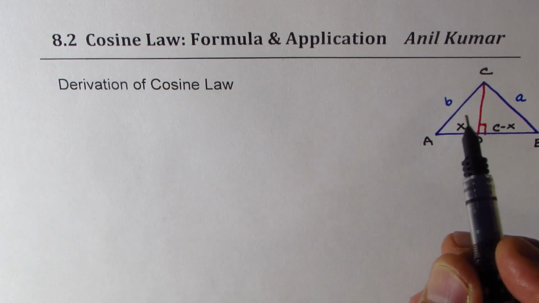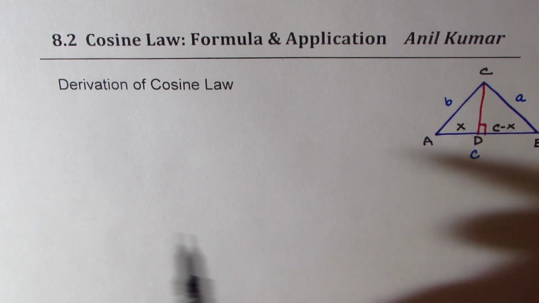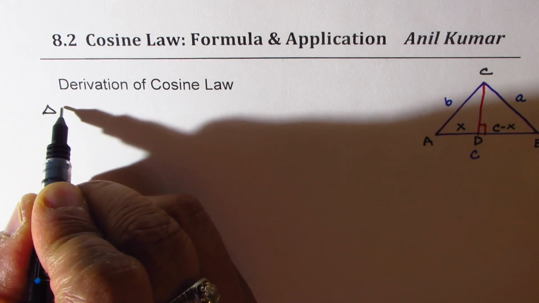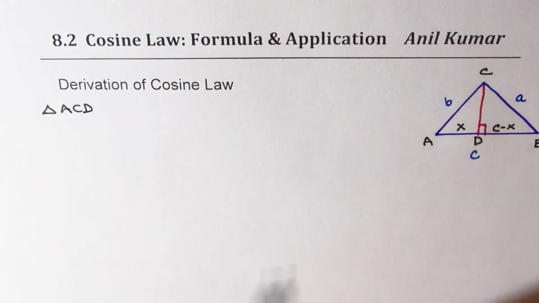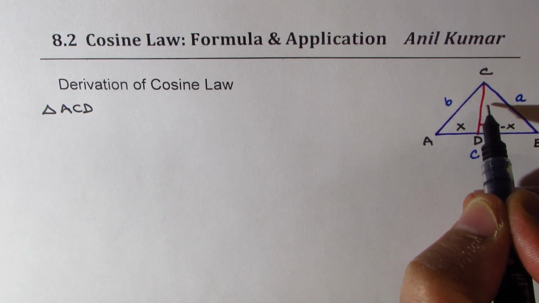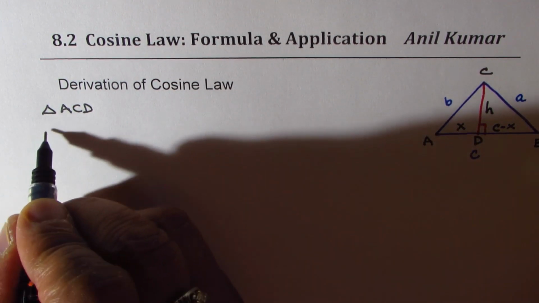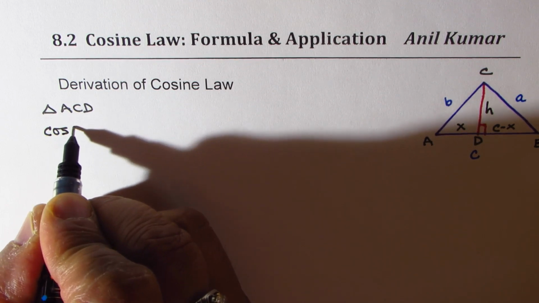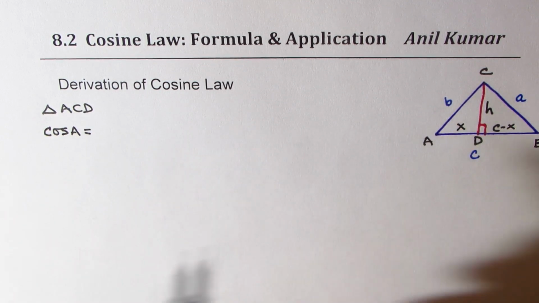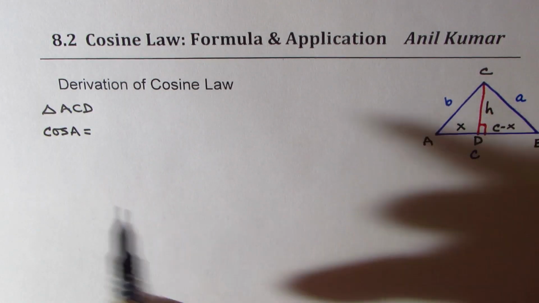Now let's look into the triangle ACD. In this triangle, if h is the height, we can relate cosine A with x over b, right?